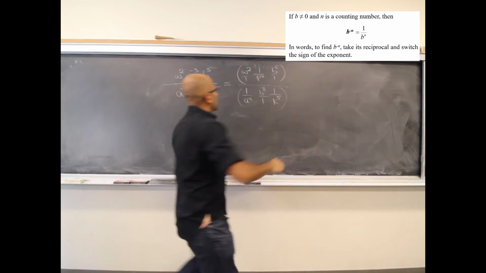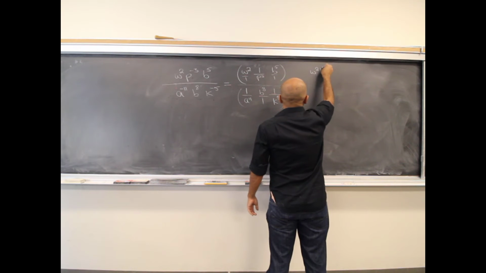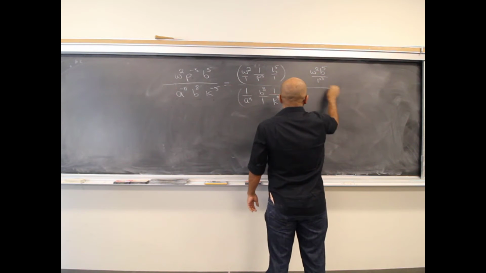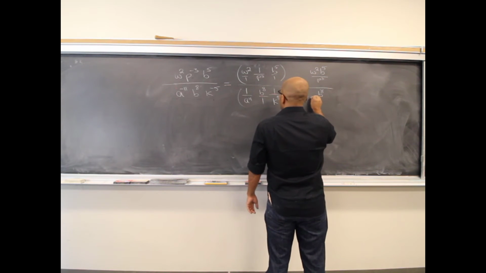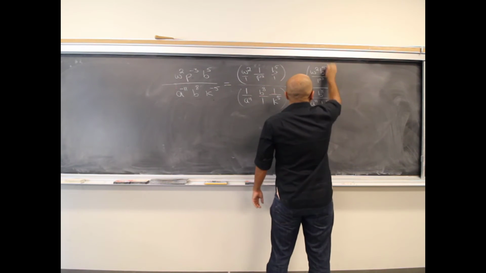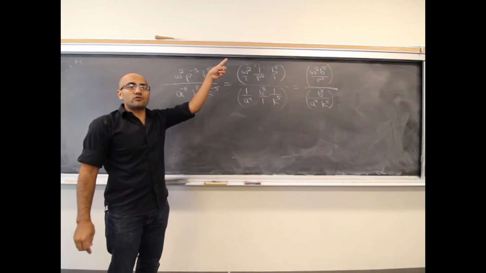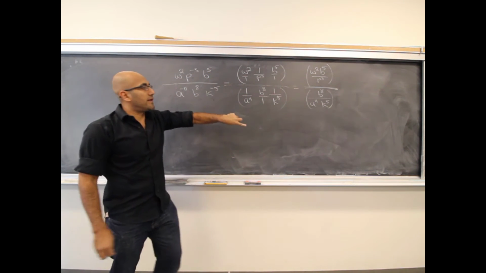Right, so now in the numerator, this ends up being one big happy fraction of w squared b to the 5th all over p to the 3rd, all over b to the 8th, a to the 11th, k to the 5th. Still one big ugly fraction where there happens to be a fraction in the numerator and a fraction in the denominator.